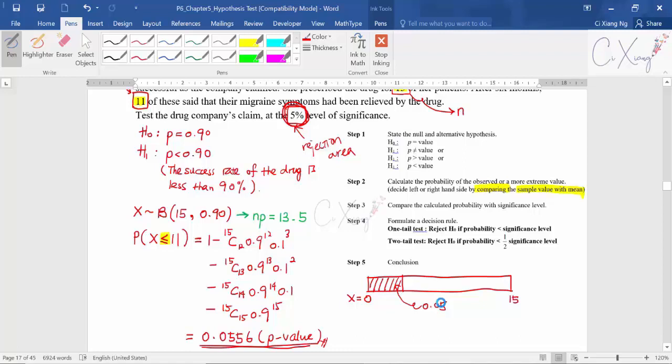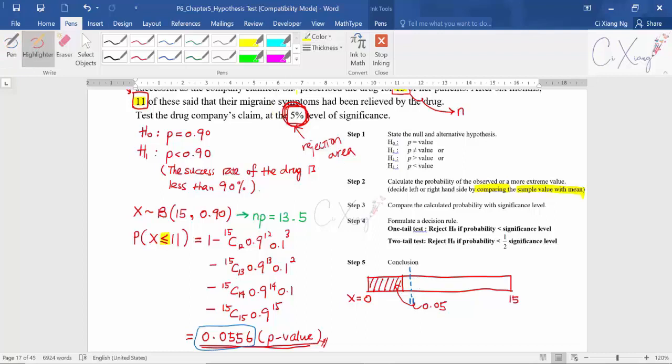Then after that, because you calculated the p-value just now, the p-value is 0.0556. So should the area 0.0556 be more than 0.05 or less than 0.05? Definitely it's more than. You can see that at this line where x equals 11, it's very hard for me to draw this area, so I will just highlight it.